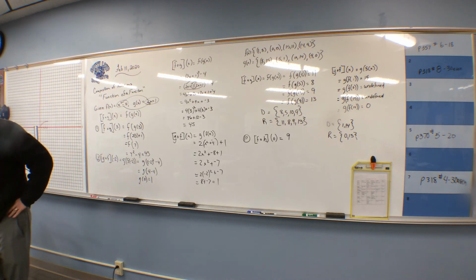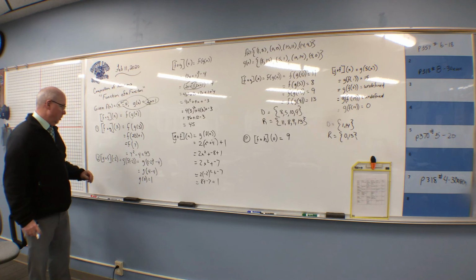Oh, that's not true, some of the other ones. Don't do domain and range yet. We'll just work on that tomorrow. We might talk about domain and range on this. But do find f of g of x. So that would be this right here.